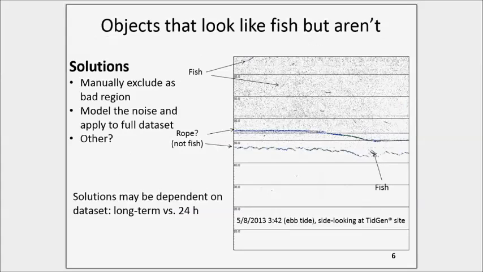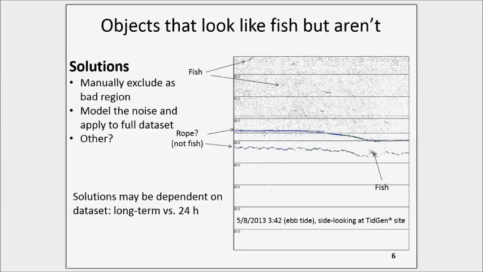One final thing about other noise: these are data from a side-looking site that we've used, and in this case we're using single target detection. But one of the things you can see in this slide is where it indicates a rope, which is not fish, which interferes and is within the echo sounder view for one tide and not another tide.